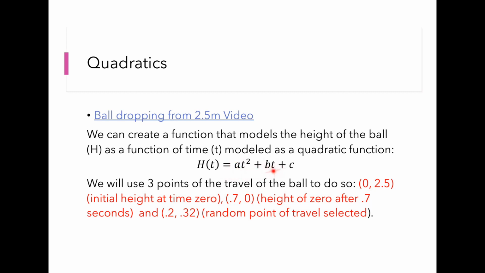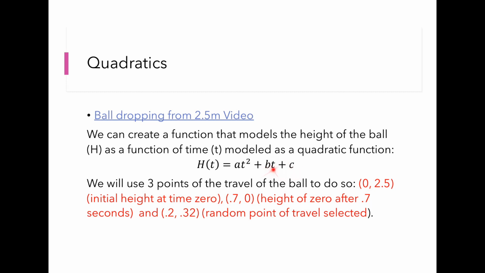And then a lot of times we'll also have a t variable in here. If there is, then the coefficient of that t variable will be b. And then most of the time, we also have a c, which is just a number by itself, not being multiplied by t. This form is the standard form of a quadratic equation, and the only thing that differs is what the values of a, b, and c are.